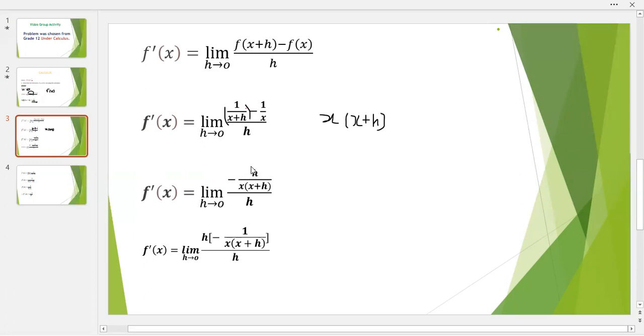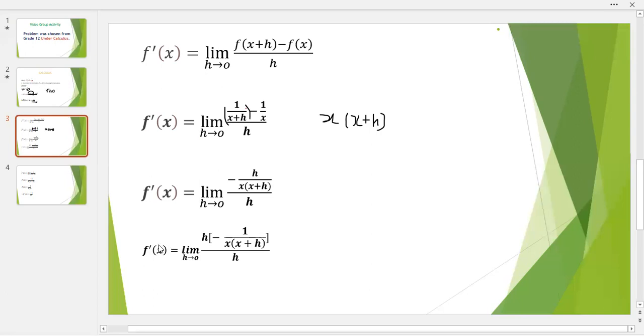Then when we factorize this, we come up with h into negative 1 over x into x plus h. Okay, this is what we come up with on our numerator.